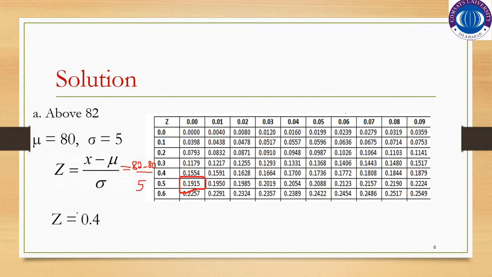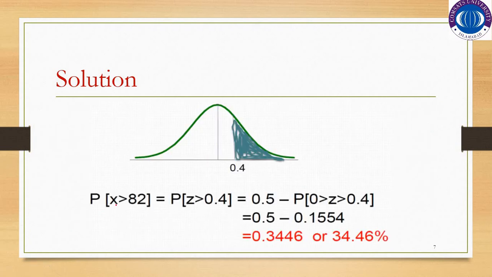So z is equal to 0.4, and probability x greater than 82 will be probability z greater than 0.4. By constructing the graph, this one is the area which is greater than 0.4. Again, the problem is that in the table we can find the area between 0 and 0.4, but we will not have the area above 0.4.